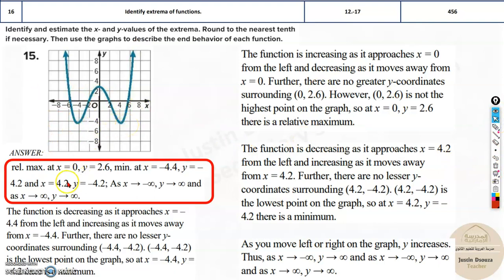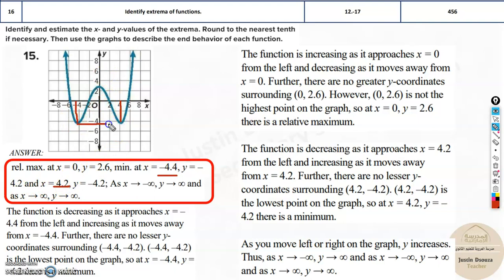Now over here, the x value for the maximum is 0 and it's about 2.6 here. What about the minimum? There are two minimum points. When x is negative 4, no, it's negative 4 and a little more, it's negative 4.4 and positive 4.2. What is the answer?